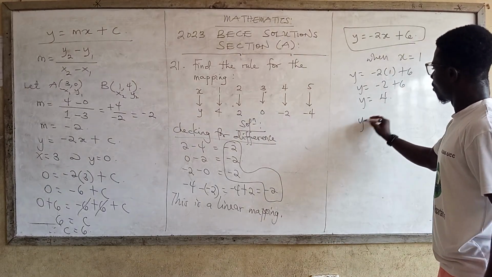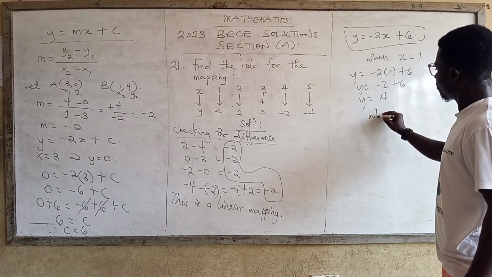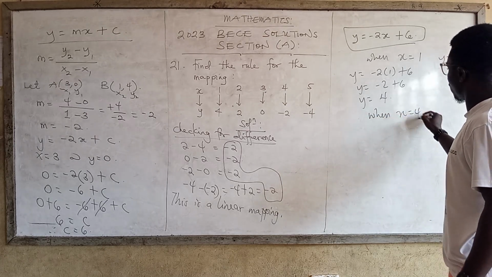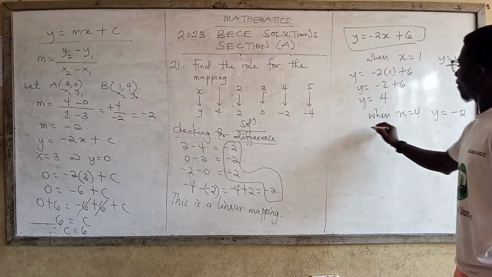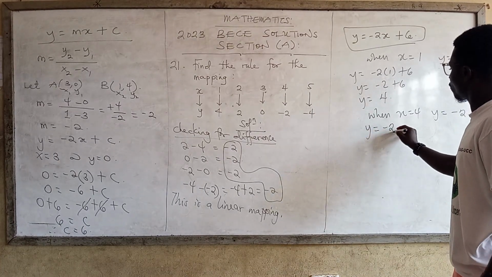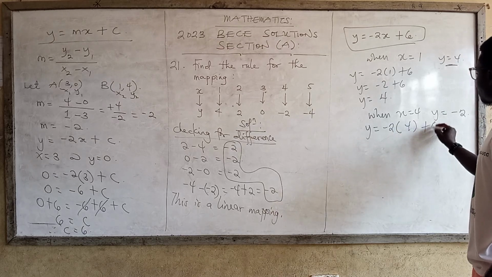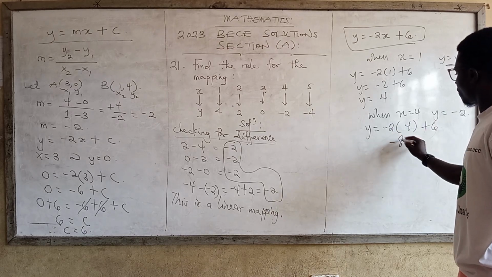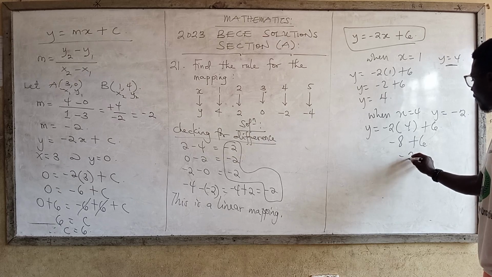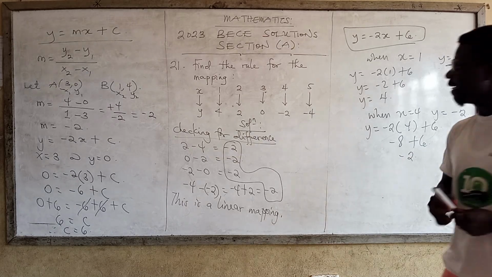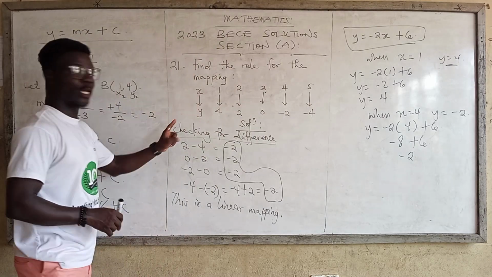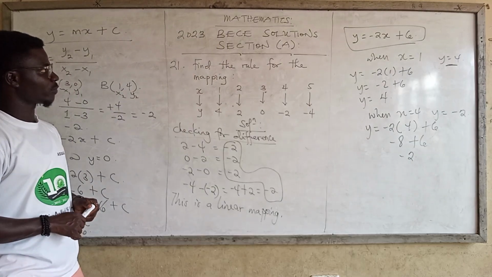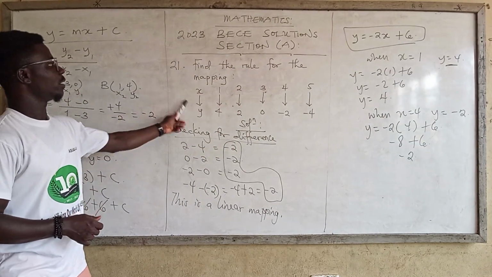Let's say x equals 4. What is y? We are saying that y is negative 2. So y equals negative 2 multiplied by 4 plus 6. I have negative 8 plus 6, then I have negative 2. Which means indeed the rule is true for the mapping.